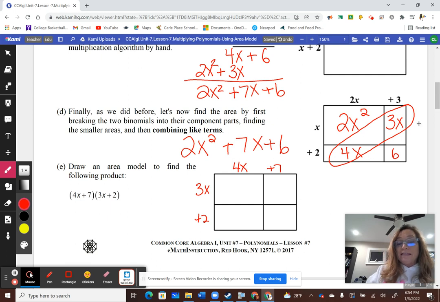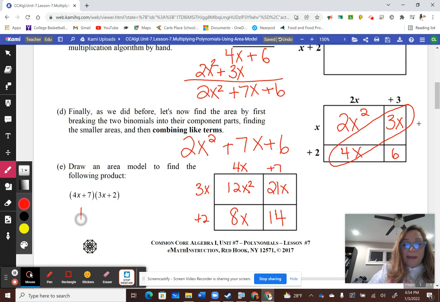So 4x times 3x is 12x squared. 7 times 3x is 21x. 4x times 2 is 8x. And 2 times 7 is 14. Okay, so now when you put that back together, you're going to combine the like terms and they're along the diagonal. So that's going to give me 29x plus 14.